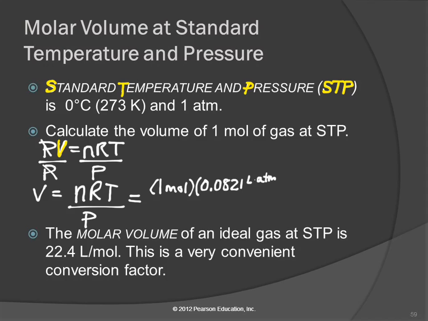Liter atmospheres per mole Kelvin. And what's the temperature? 273 Kelvin. Standard pressure and temperature. And we're dividing by the pressure. What's the pressure? 1 atmosphere. And so our units are going to work out.